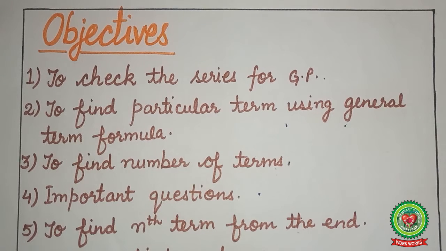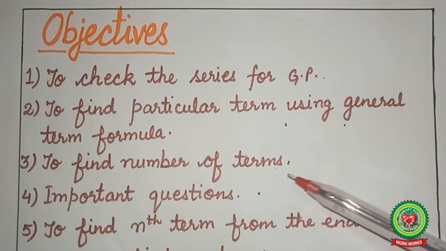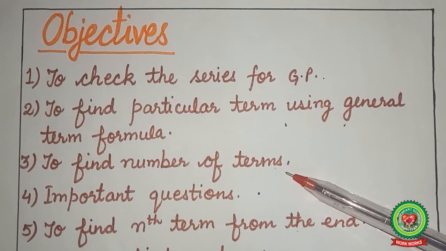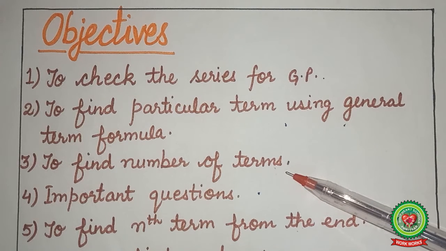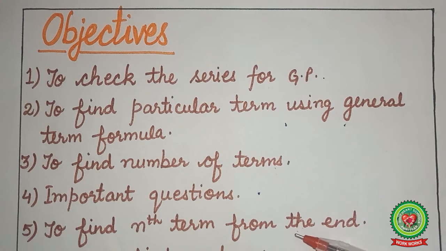Today we are going to start with the third type, that is, to find the number of terms using the general term formula. Then we will complete the fifth type, that is, to find the nth term from the end.